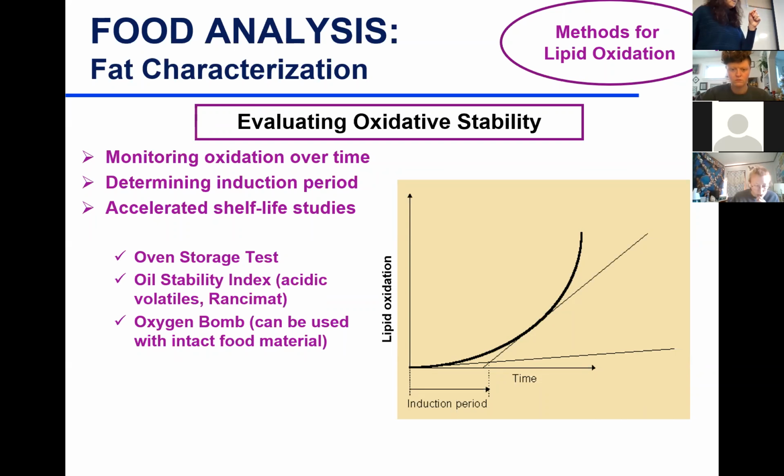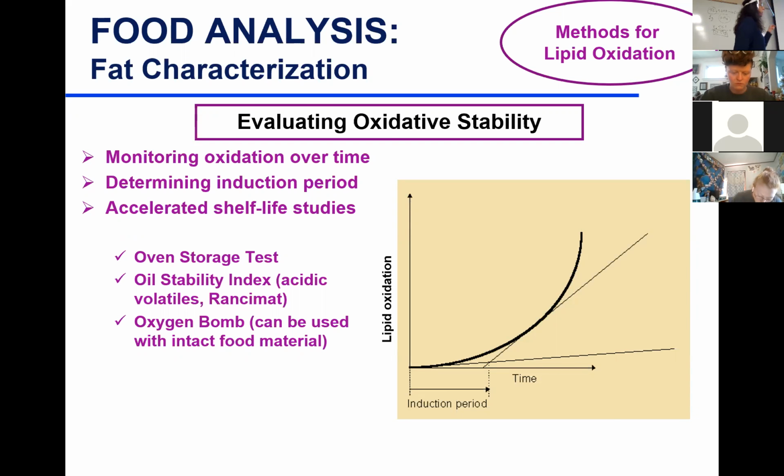When oxidation happens, some volatiles are produced, and they are collected into a secondary flask, and conductivity is measured. When the conductivity changes, that gives you an onset of oxidation.